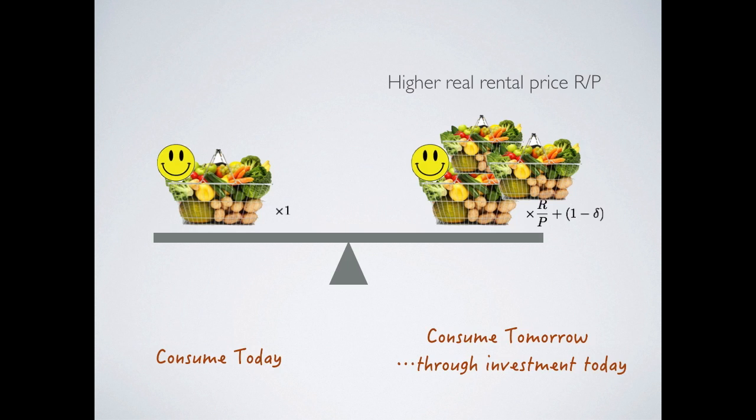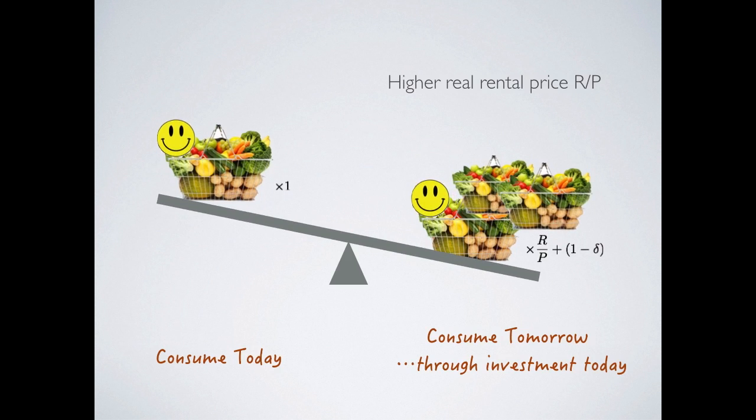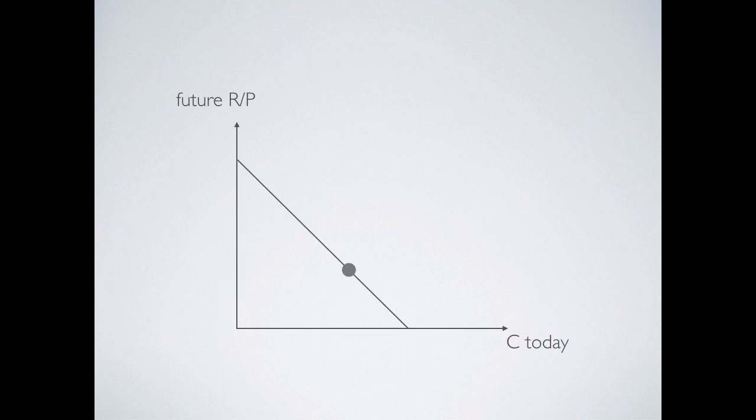Therefore, the original balance would be disturbed. You would start to feel that consumption tomorrow becomes more attractive. Therefore, you should decrease today's consumption in order to invest or save more to get more consumption tomorrow.